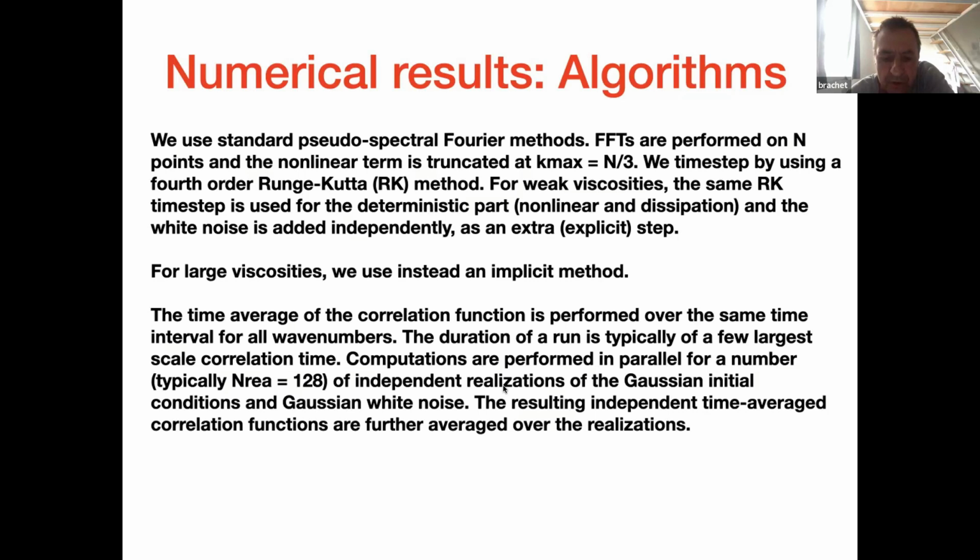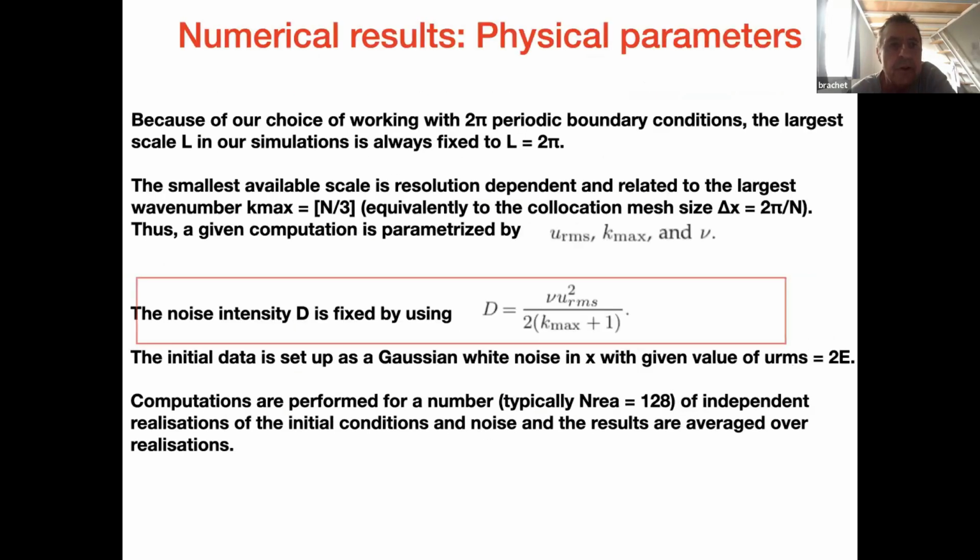We start them with the equilibrium distribution, and then we integrate in time and take averages both in time and over the number of realizations in order to have a mean of the correlation function. Okay.